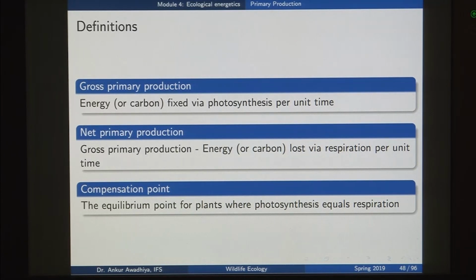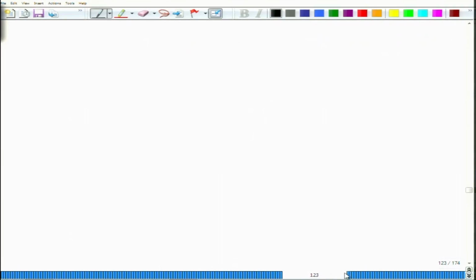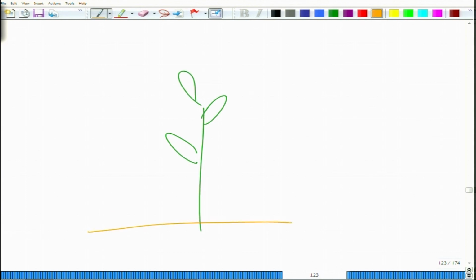Now, there is this third term called compensation point. Compensation point is the equilibrium point for plants where photosynthesis equals respiration. So, what is compensation point? Suppose you have this plant, and when you have the sun, two processes are happening.